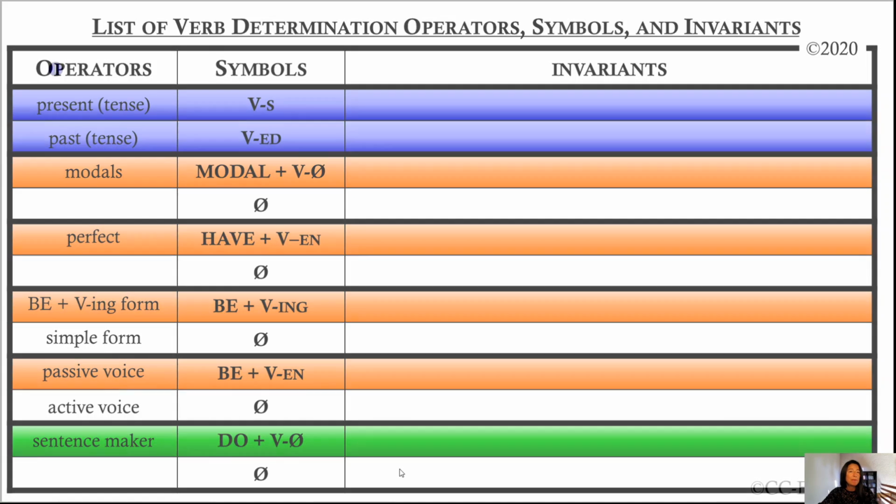So the first step is to ask yourself, do I use the present tense or do I use the past tense? Okay, so we're here. The first step is, do I use the present tense VS or do I use the past tense VED?